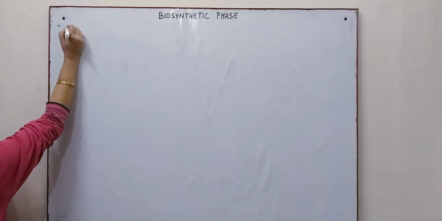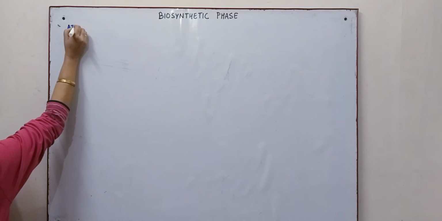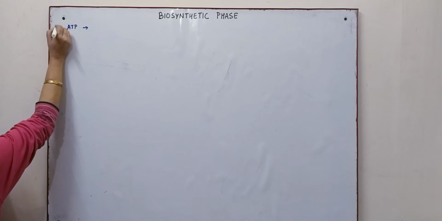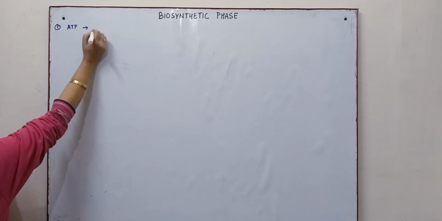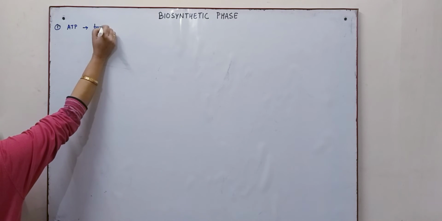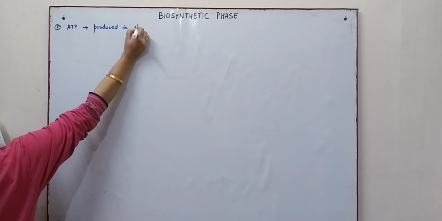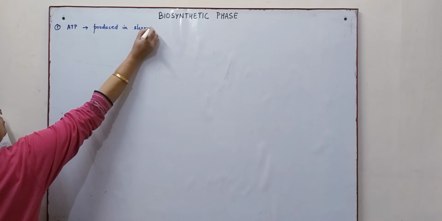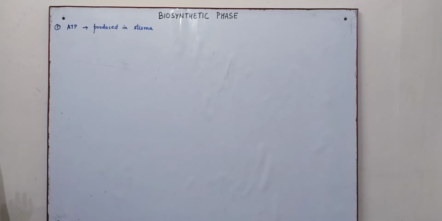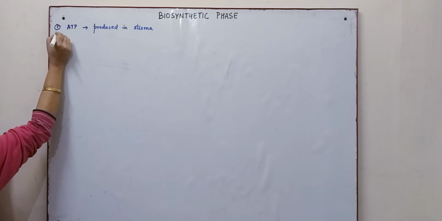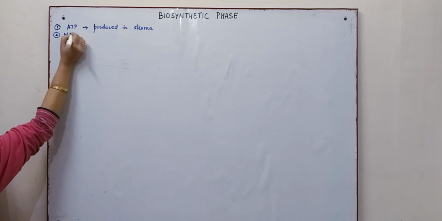The products obtained during the light reaction are ATP, which is produced in the stroma with the help of an enzyme, ATP synthase. Another product obtained is NADPH.